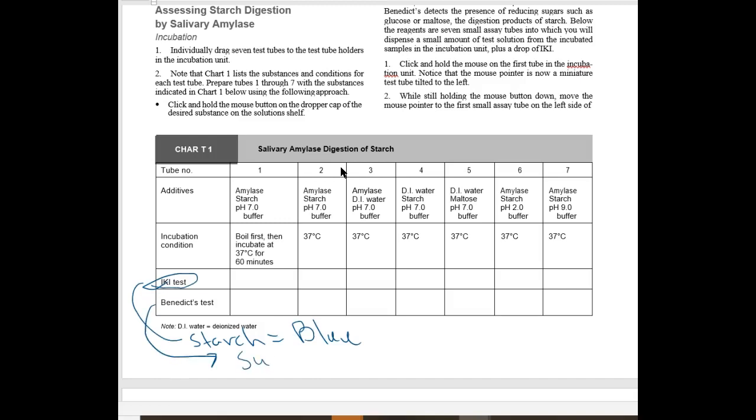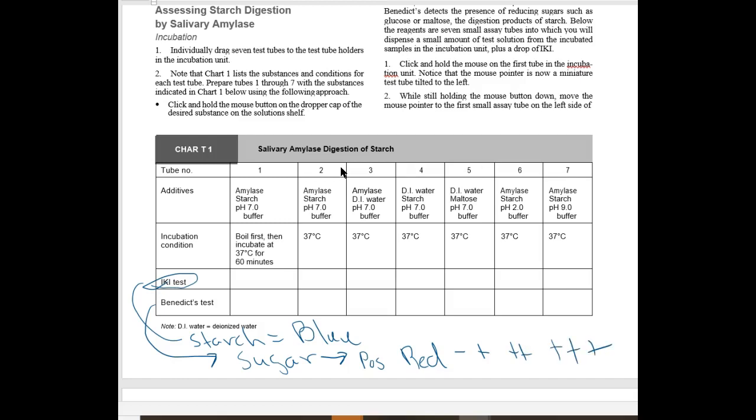Benedict's is a test for sugar. That's a test for our product. And a positive reaction to sugar is yellow to red. I'm just going to say red. Now all I'm going to do when I go over this is, if there's no sugar, it'll be that. If there's a little bit of sugar, it's that. If there's a little bit more, it'll be that.